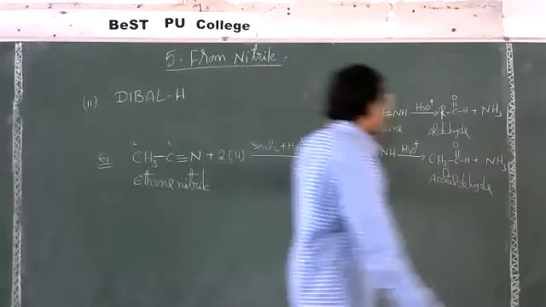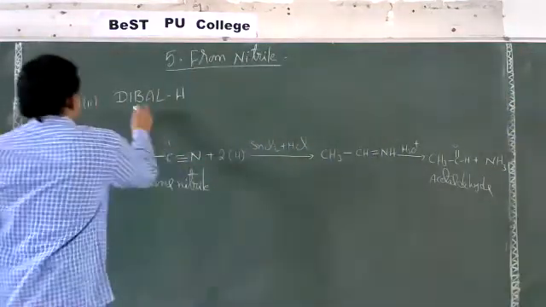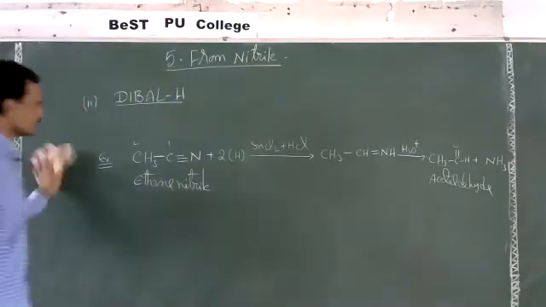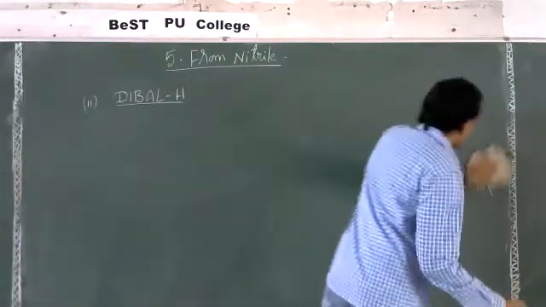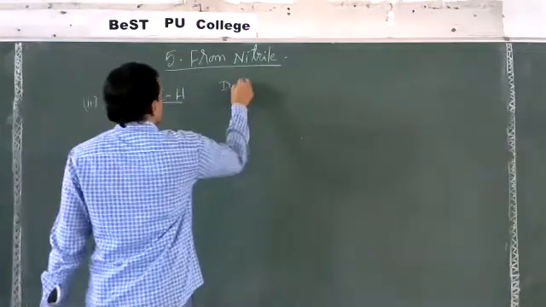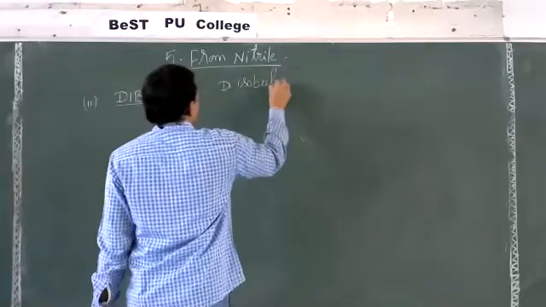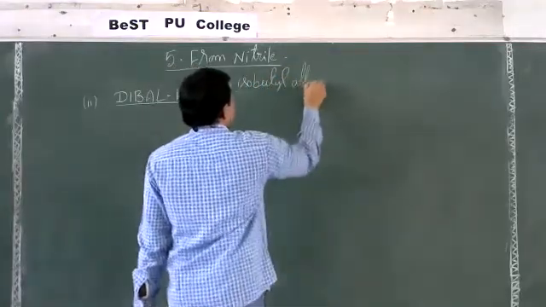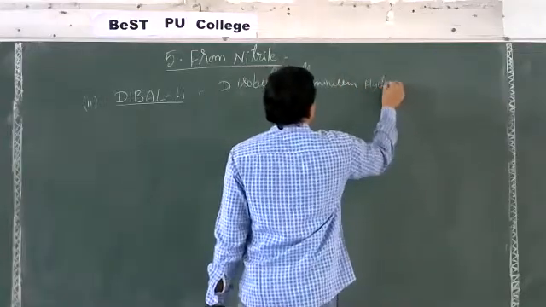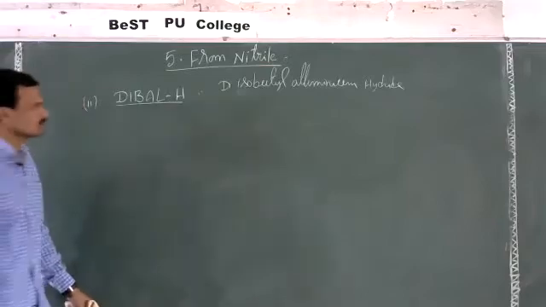Let us see what Dibal H is. Nothing but diisobutyl aluminum hydride. This is known simply as Dibal H, and we can represent it that way.